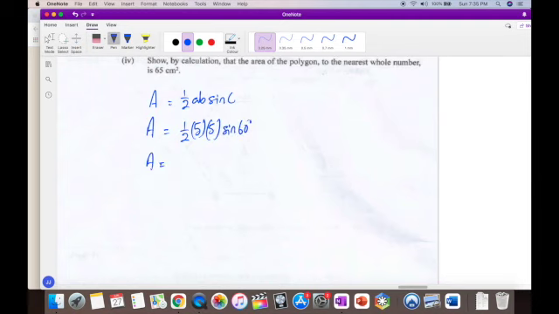So that means that we have 5 times 5 is equal to 25, multiplied by 0.5, multiplied by the sine of 60 degrees, is approximately 10.8253. Right? And this is the area of one triangle, in centimeters squared.